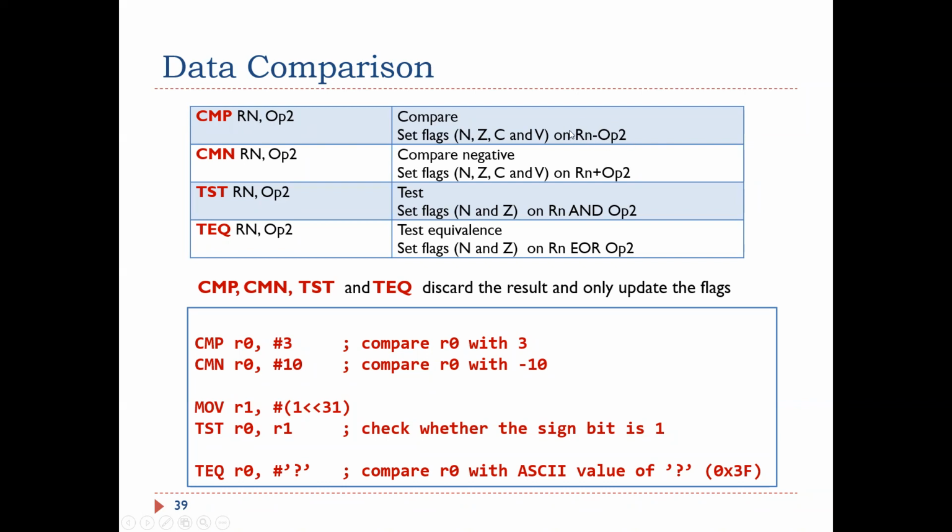Using the result, it sets the 4 flags of the application program status register: N, Z, C, V. So the only purpose of CMP is to update these flags after computing the subtraction.